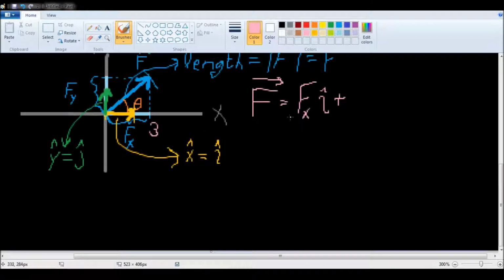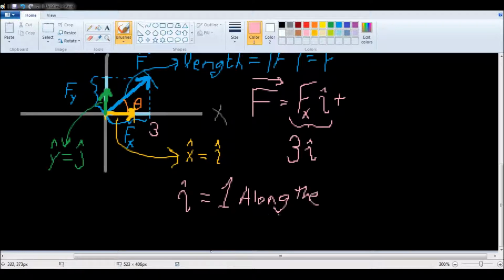So then this component right here can be written as 3 I hat, because it is a total length of 3 from the origin along the x-axis, which is denoted by I hat, because I hat is equal to 1 along the x-axis.